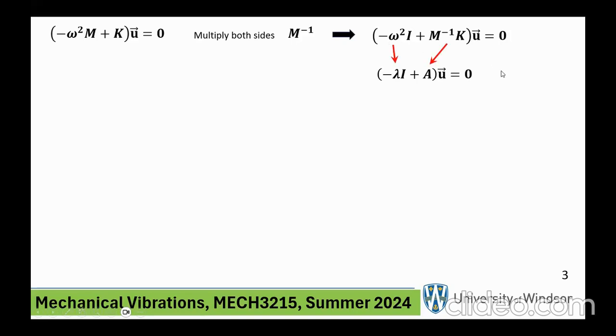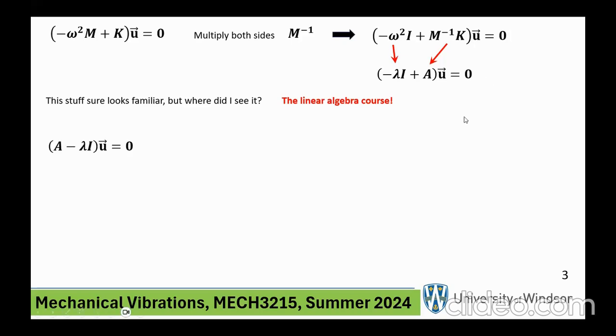Now, as I pointed out, this is the kind of thing that you have done in linear algebra, therefore it must look familiar to you. Let me look at this eigenvalue problem and tell you that your math prof said that if the product of this matrix times a vector is 0, there are two possibilities.